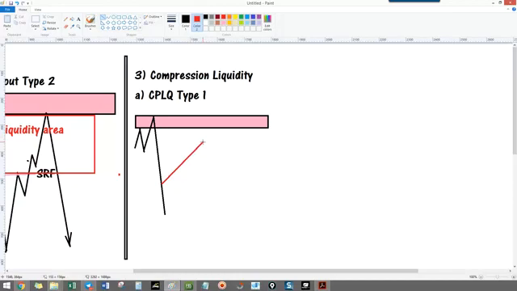For example, like that or like this also can. What type of compression do I want? Maybe something like this.